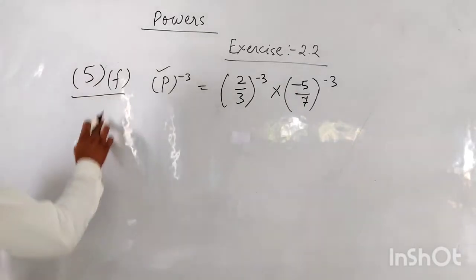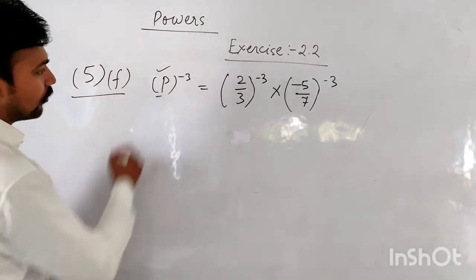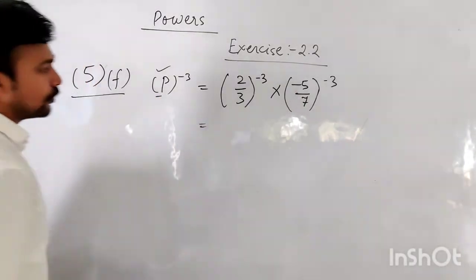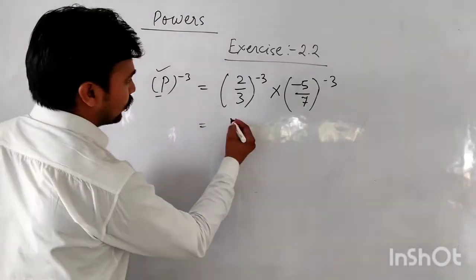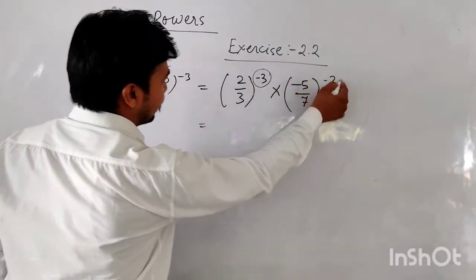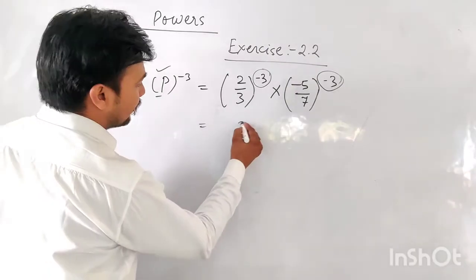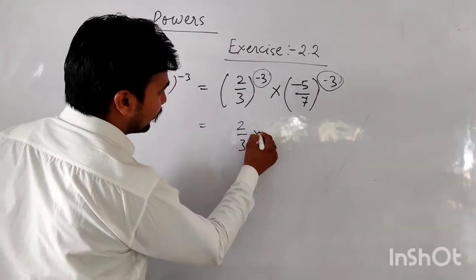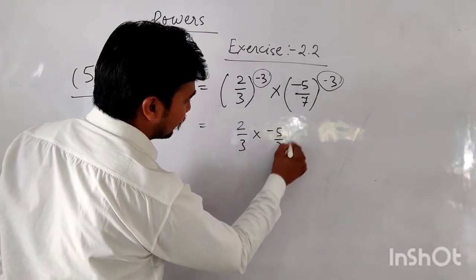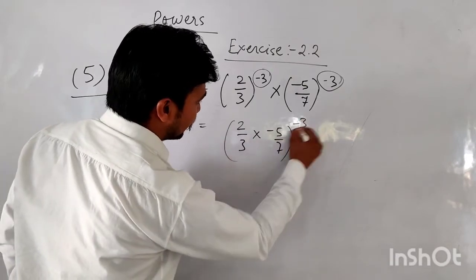Number 5th F. In this question we have to find the value of p. So let us see how we are going to find the value of p. Since here the power is the same, we take the power as common, then this value becomes 2 by 3 into -5 by 7, and this will become -3.